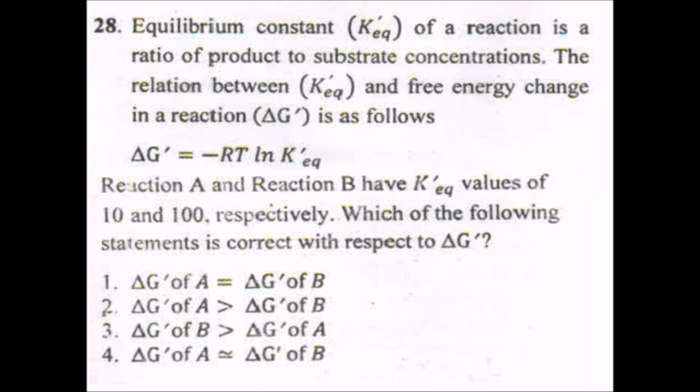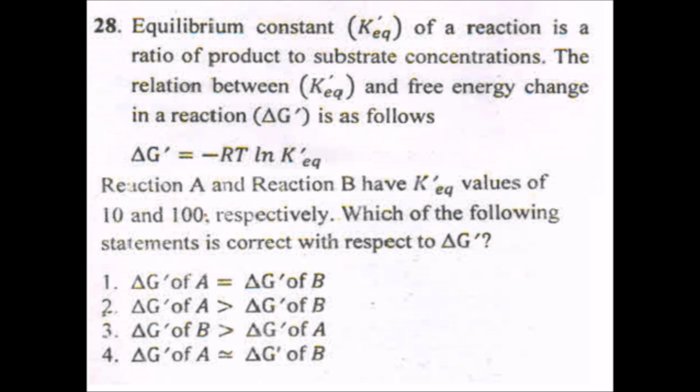This is the formula, and for reaction A the Keq value is 10, and for reaction B the equilibrium constant is 100, and from all this data we have to find out which option is correct. Before that, we are analyzing the del G, or the Gibbs free energy, of reaction A with that of reaction B.